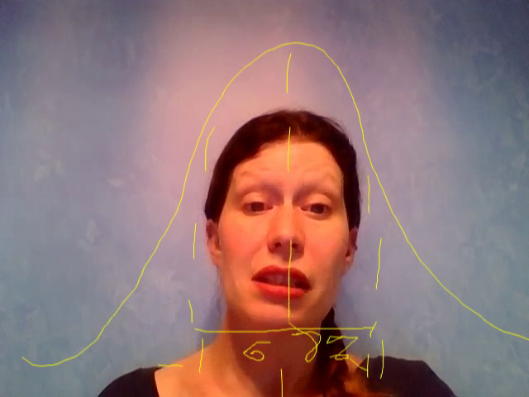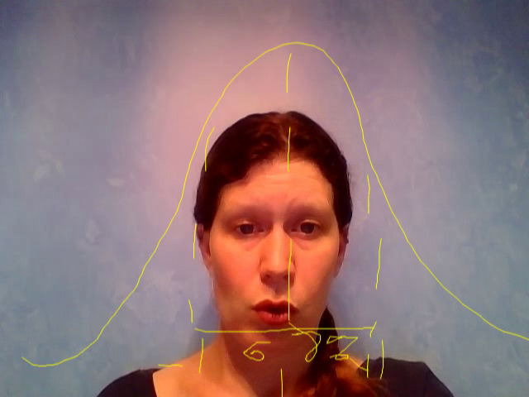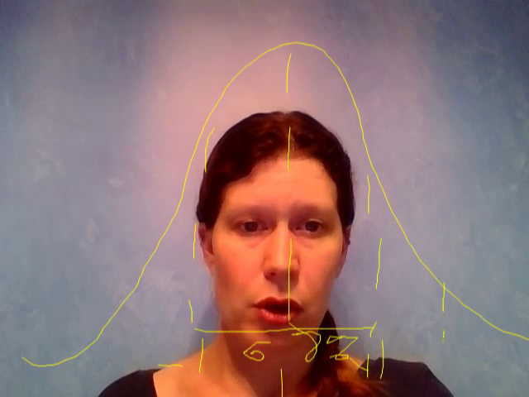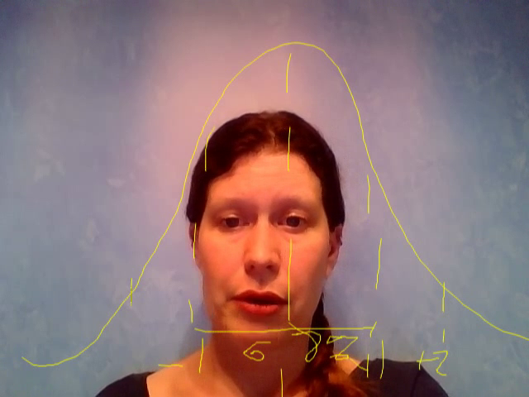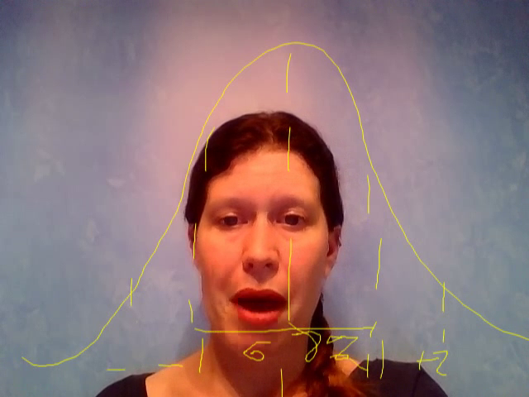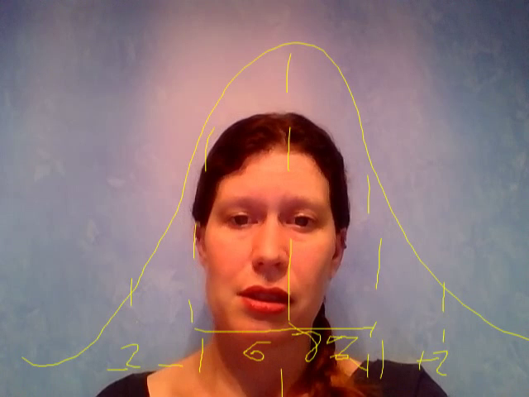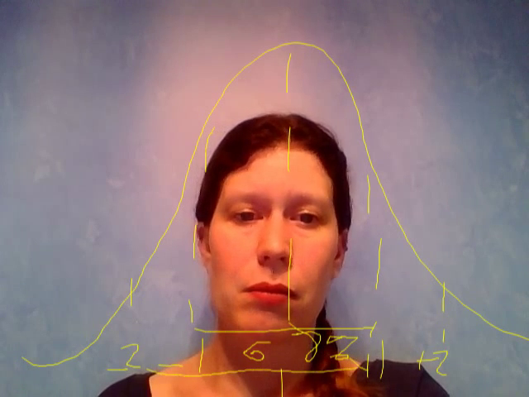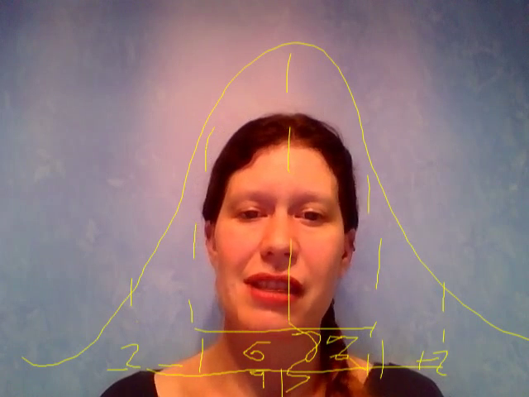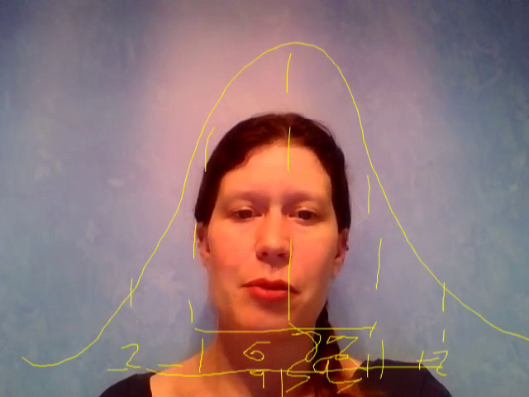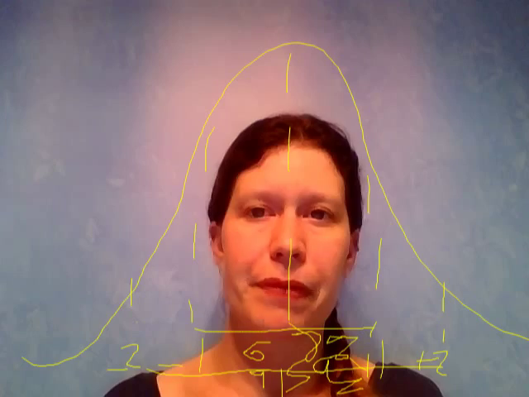If we go out just a little farther, we're out here about, we're at +2 standard deviations. If we're out here, we're at -2 standard deviations. And between them, we are going to find 95% of the data. That's a lot of data between those 2 points.